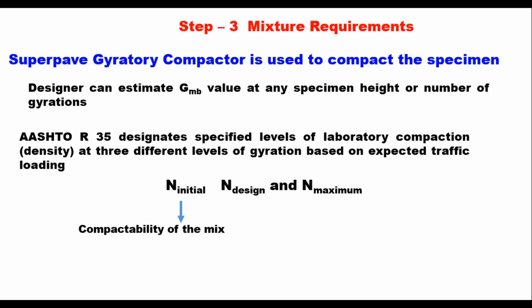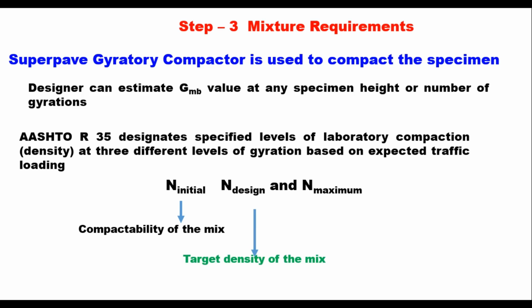Mixtures that compact too quickly may be inherently tender to compact and would therefore be undesirable. This initial gyration density specification ranges from 89 to 91.5% of theoretical maximum density, that is Gmm, depending upon the traffic level.